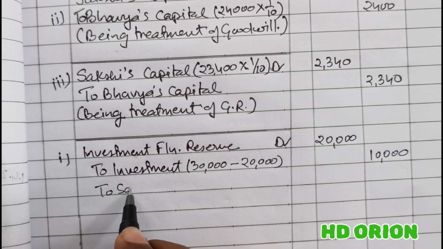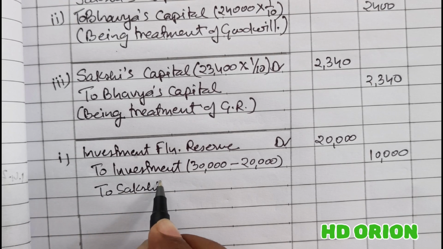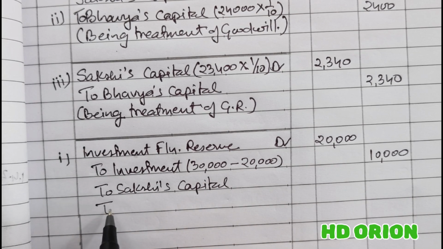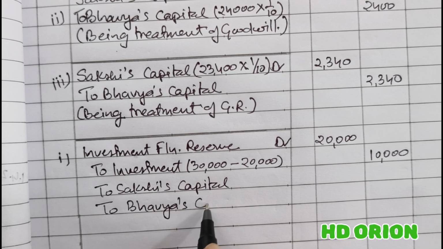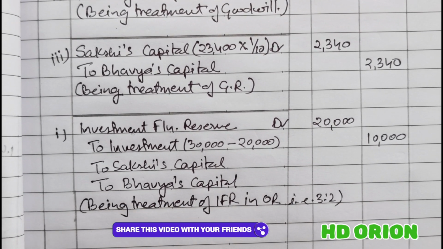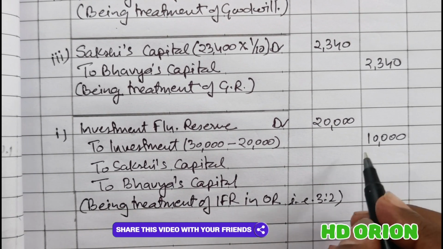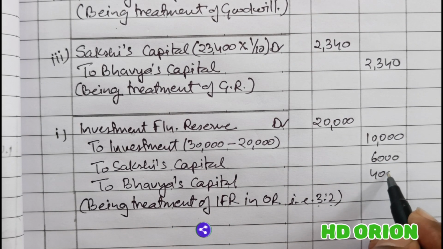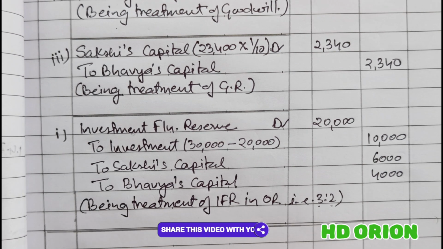So to Sakshi and to Bhavya, and the old ratio is 3:2. So the remaining 10,000 will be divided in 3:2, that is 6,000 rupees and 4,000 rupees. This way the question is to be solved.